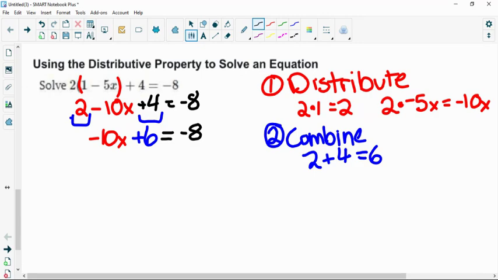We have negative 10 times x, and then they added a 6 to it. We got to work that backwards. So instead of the plus 6, we are going to subtract 6 on both sides, because what we do on one side of the equal sign, we must do to the other.